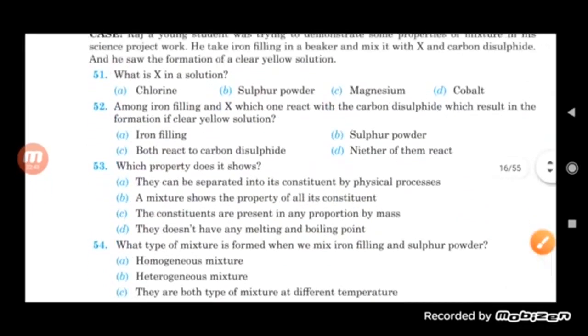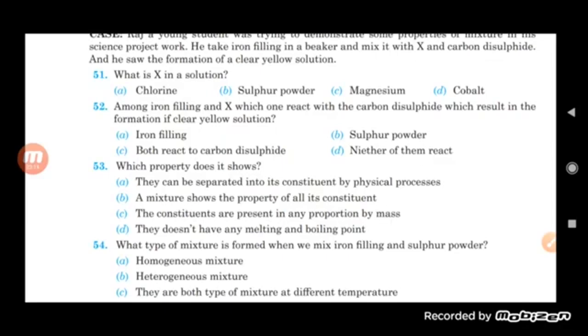Then see the second question. Among iron filings and X, which one reacts with carbon disulfide, resulting in the formation of a clear yellow solution?